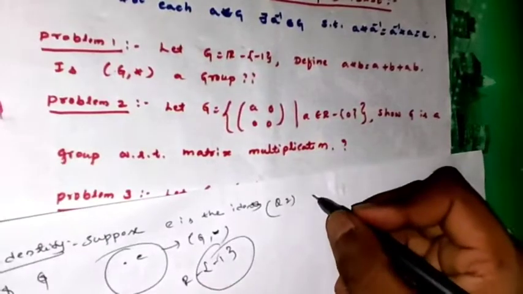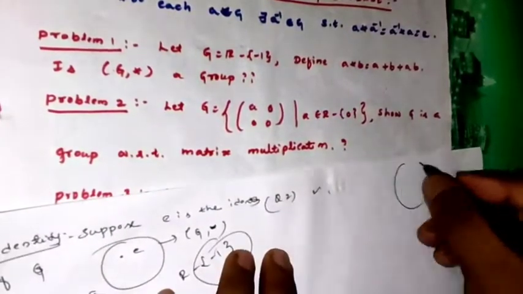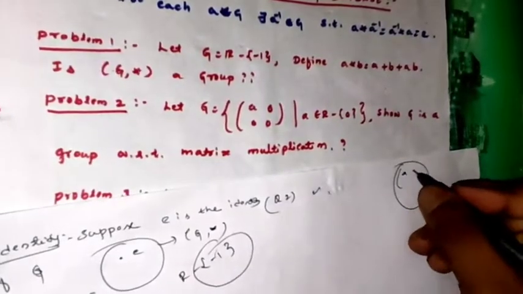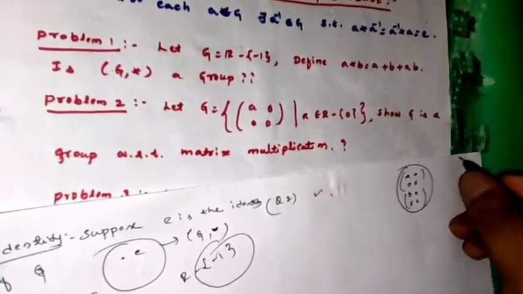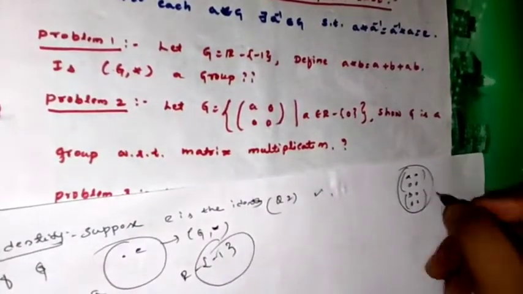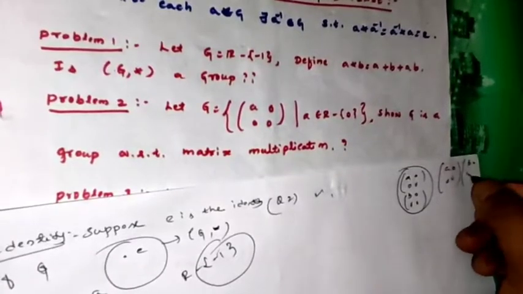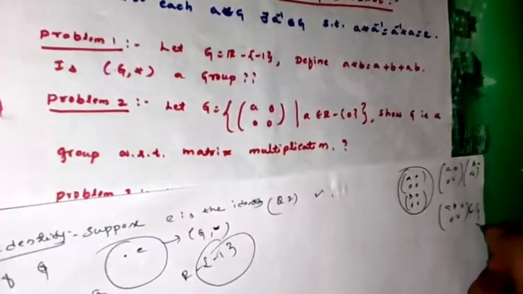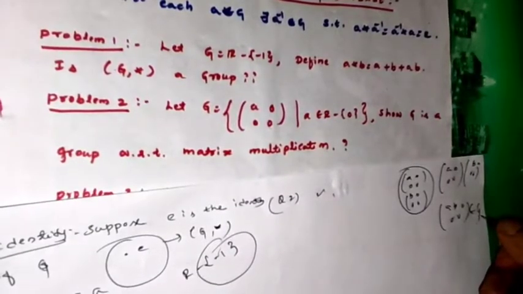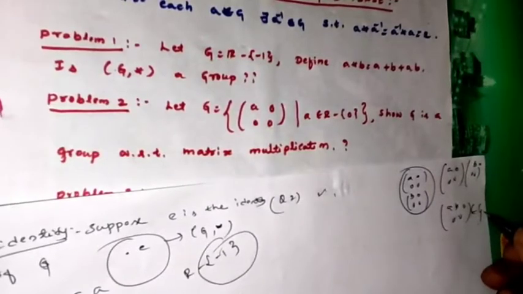Here the closure property should be satisfied. Suppose we take any elements [a 0; 0 0] and [b 0; 0 0]. If we multiply them, we get [ab 0; 0 0], which again belongs to G. This belongs to our group G only.